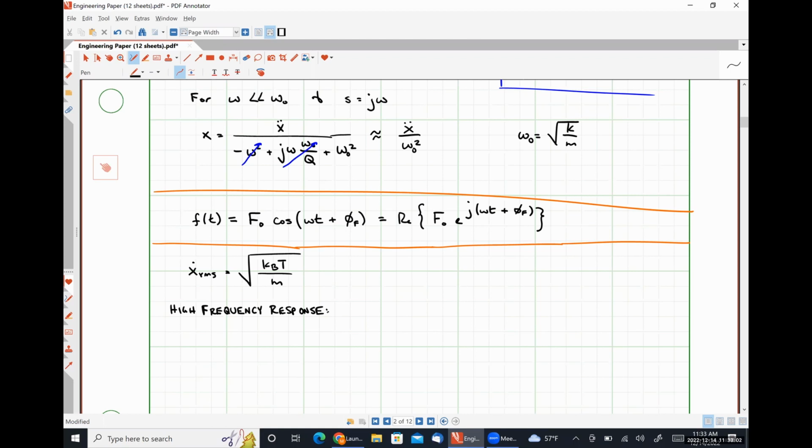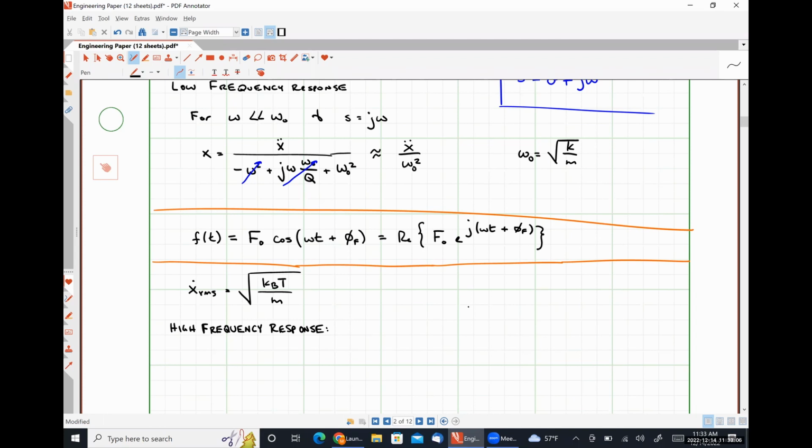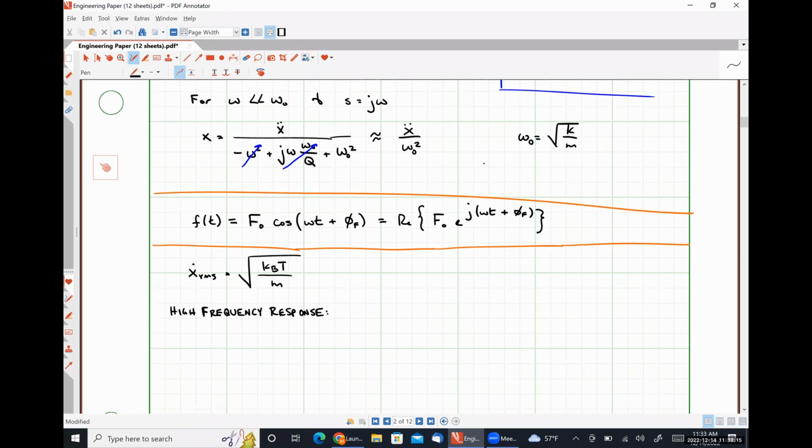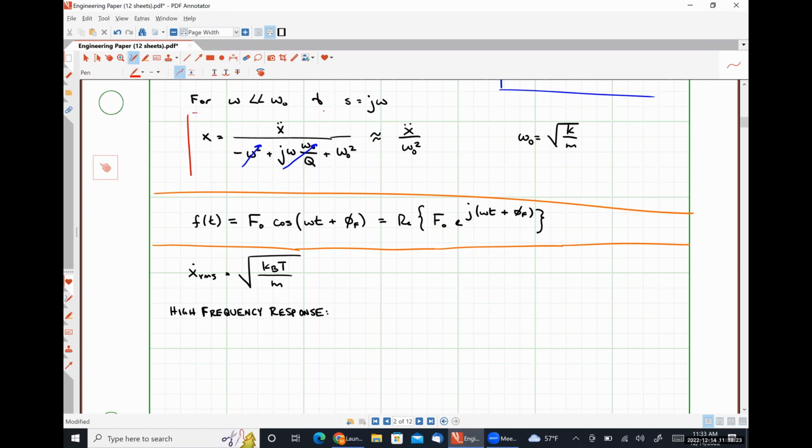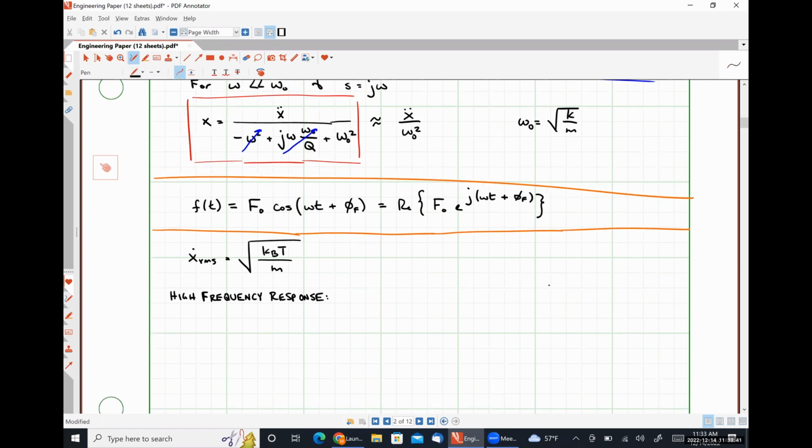So in this case, where omega is much, much greater than omega naught, looking at the exact same expression effectively, up here we are going to have X is approximately equal to negative x dot dot over omega squared.